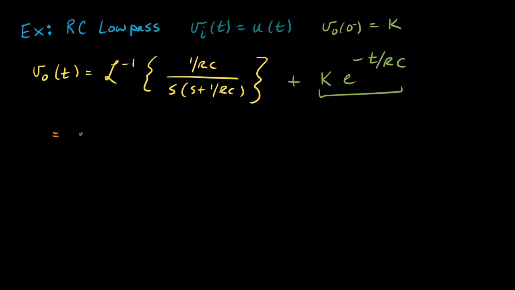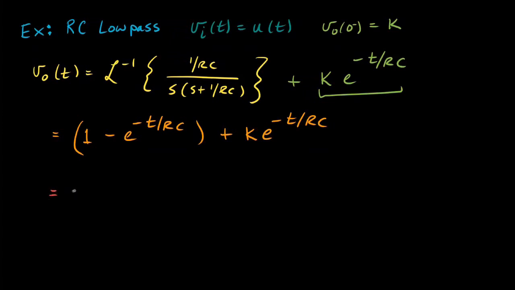So I'm going to have 1 minus e to the minus t over RC, right? So that's the part that's due to the input, and then plus K e to the minus t over RC, and that's the part due to the initial condition response.